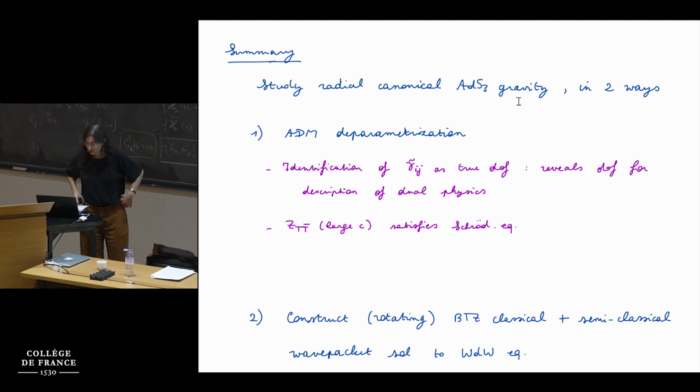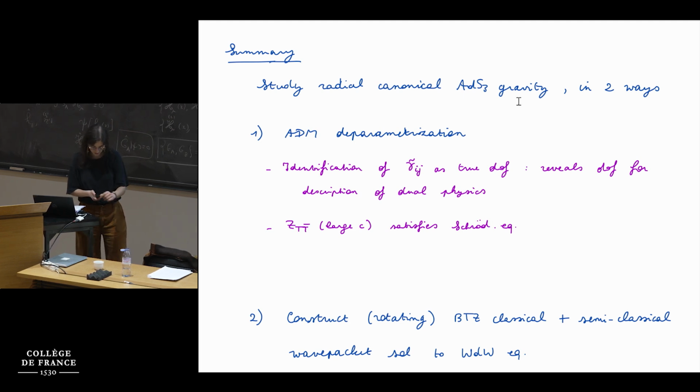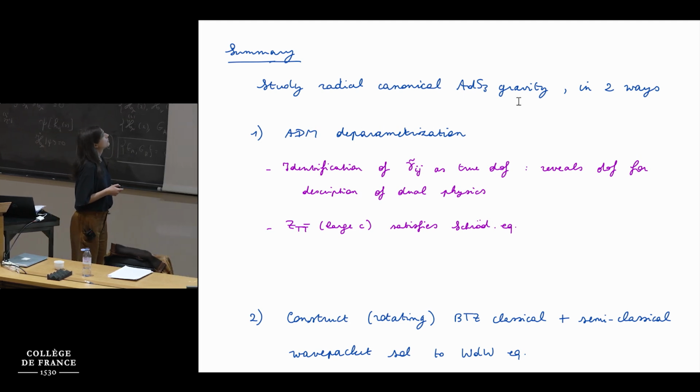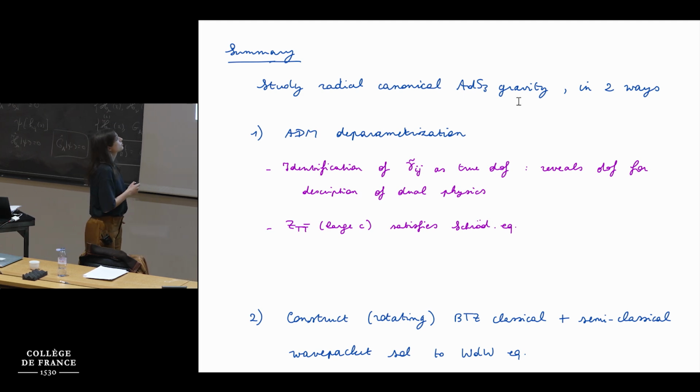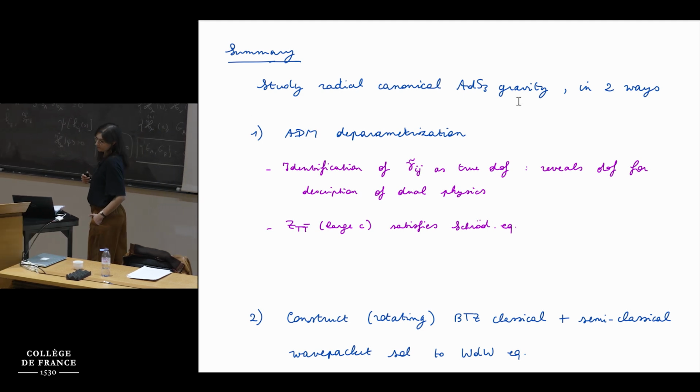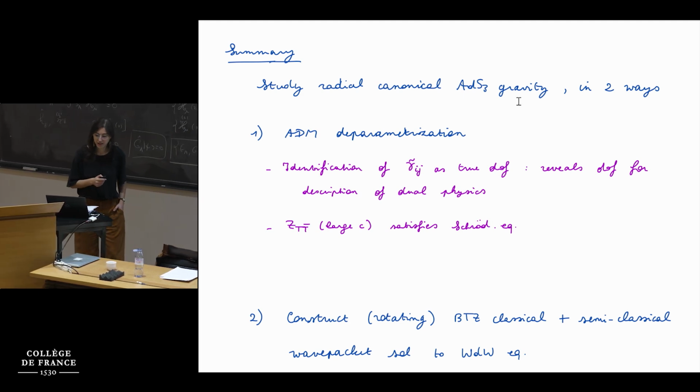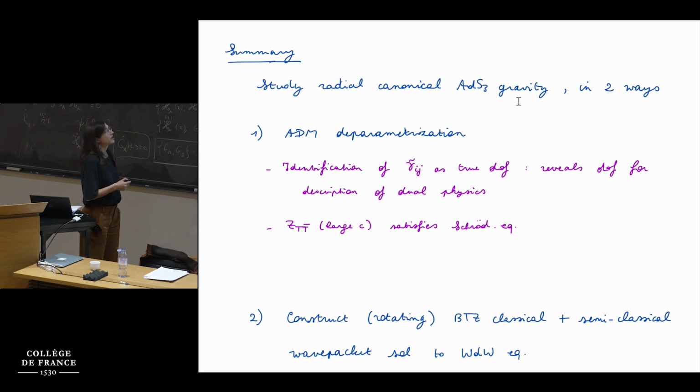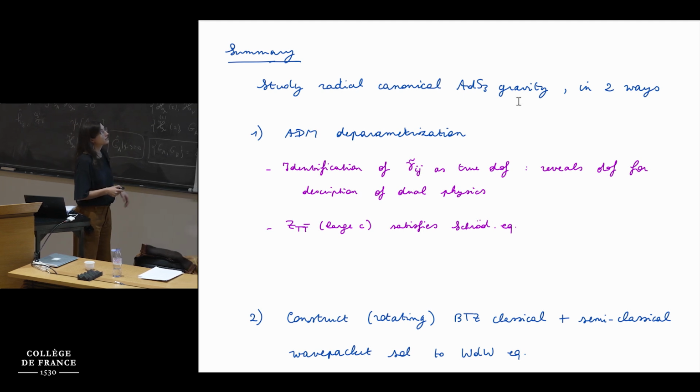So this brings me to a summary. We studied radial canonical AdS3 gravity in two ways. The first was ADM deparametrization. What we find there is that we identify these gamma tildes as true degrees of freedom, or physical degrees of freedom, and this reveals degrees of freedom for the description of your dual physics.